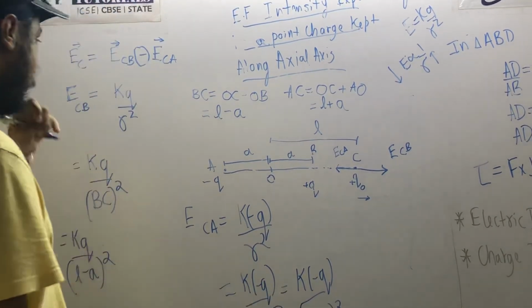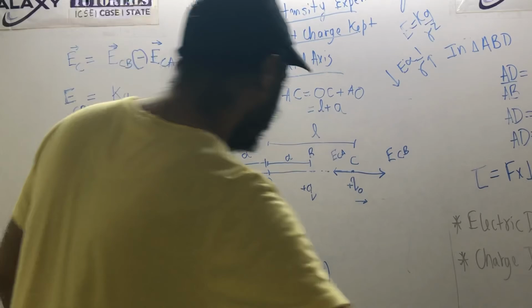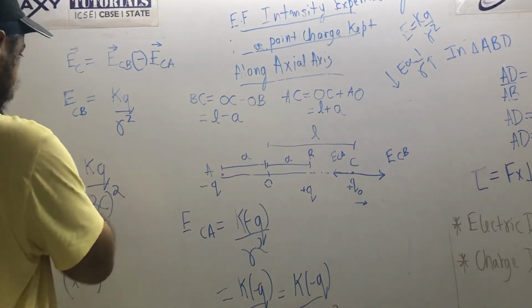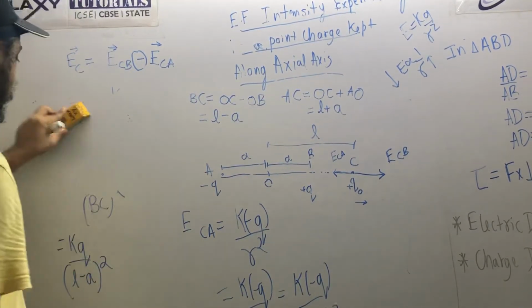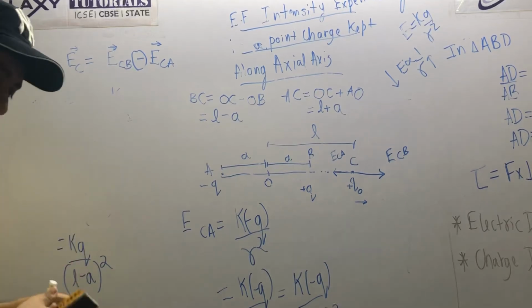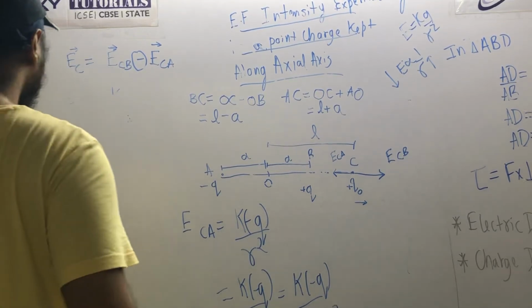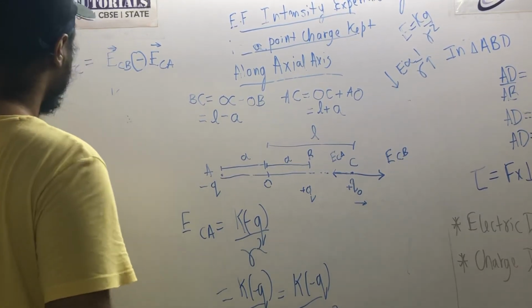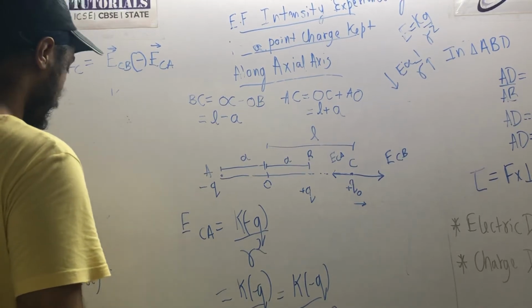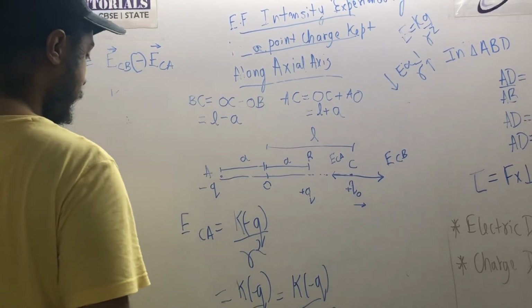Okay, let's go ahead. I hope you have noted it. So it will be ECB minus ECA.